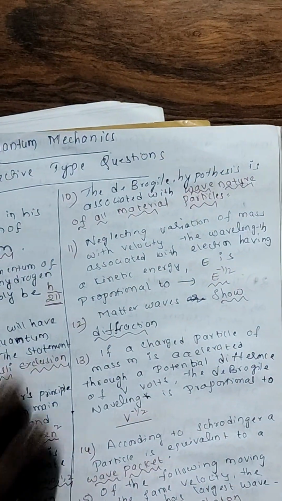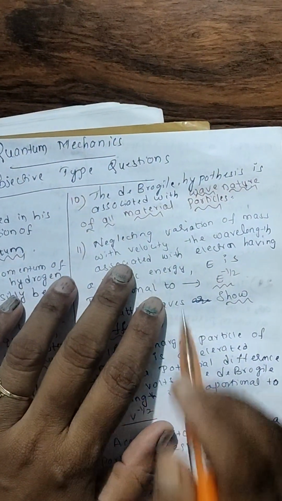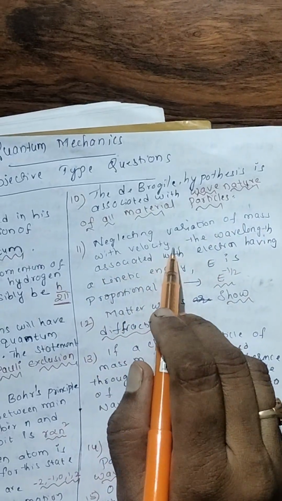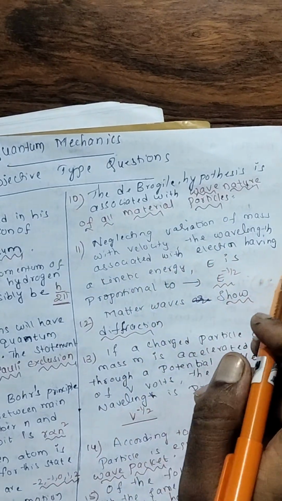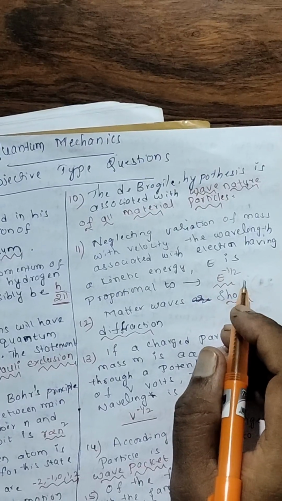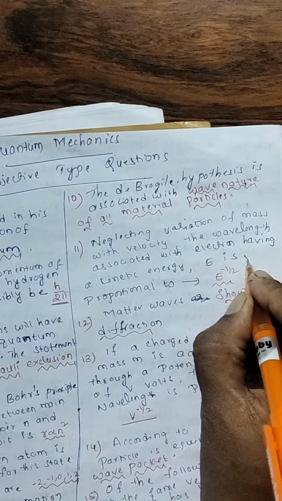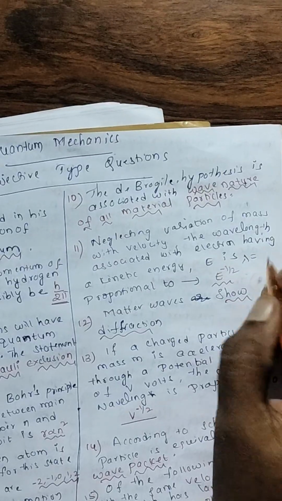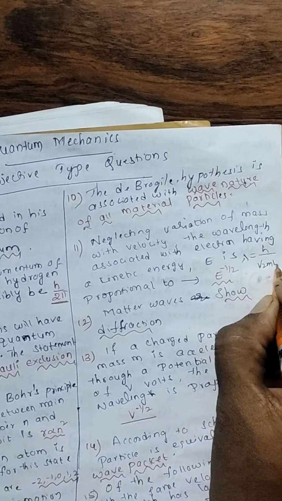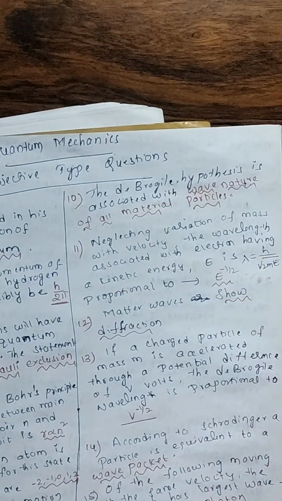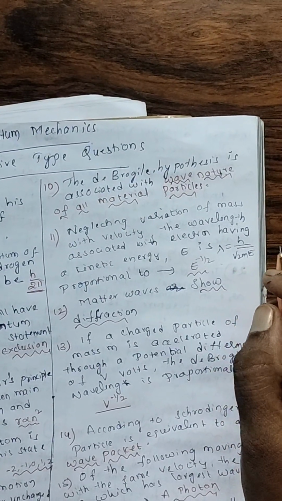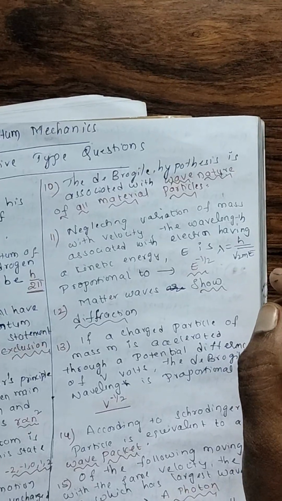Now next, neglecting the variation of mass with velocity, the wavelength associated with an electron is proportional to, with respect to energy, 1 by root E, h by under root 2mE is the formula. In the last video, we discussed the de Broglie formulas, part 2.